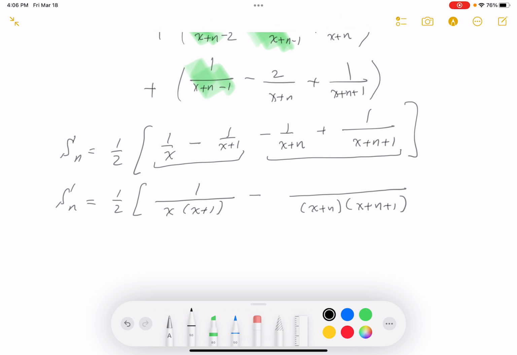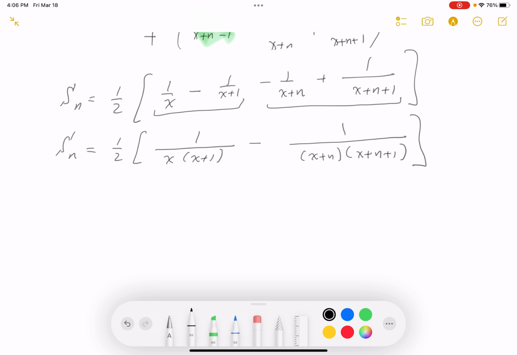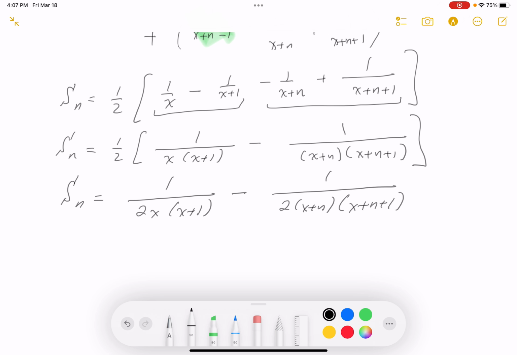Let me just write this down. What would you get? Minus x minus n minus 1 plus x plus n. That's nice. And now I'm going to multiply through by 1/2. That was not easy, was it? All right, I think I have that.